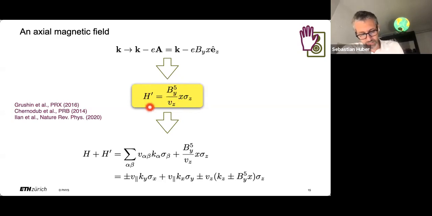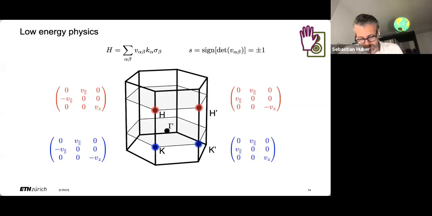If I add this sublattice potential to my low energy expansion of my Hamiltonian, so that's just the 4 Weyl points, depending on which V alpha beta I take, and I add this term, and if I now multiply it out, I see, oh, that's indeed the case. This indeed looks like a magnetic field, like we had it up here. It's just that somehow there is a plus and a minus, and all these plus and minuses stem from the fact that these different Weyl points have different plus and minuses over here.